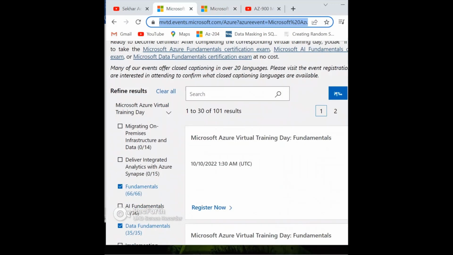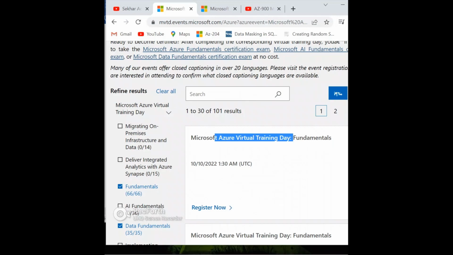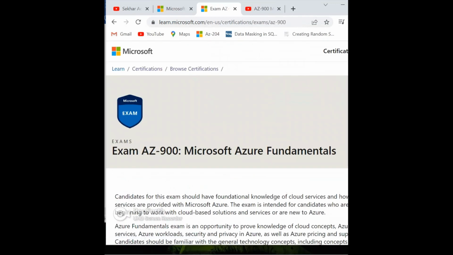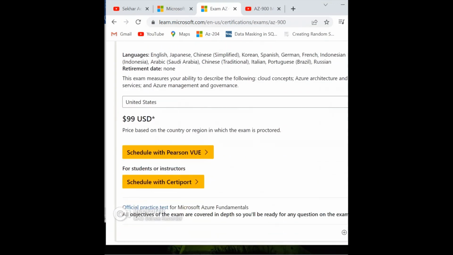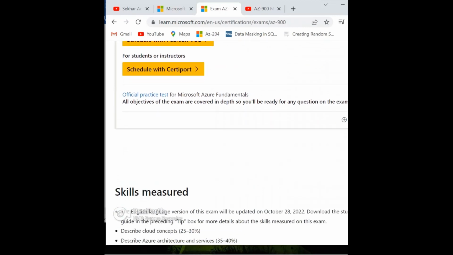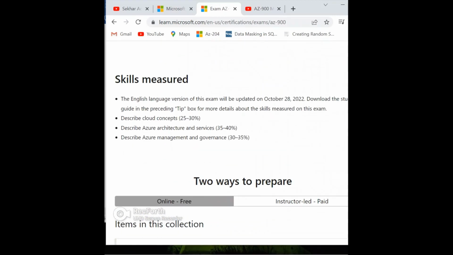If you attend the Microsoft Virtual Training Day, you receive a voucher allowing you to sit the exam for free. Otherwise, it will cost around $99 USD, and you can schedule the exam with Pearson VUE.